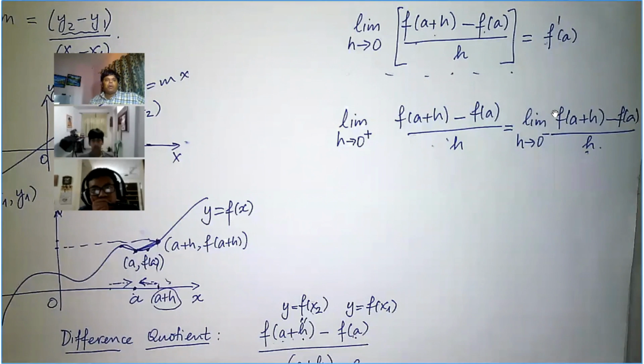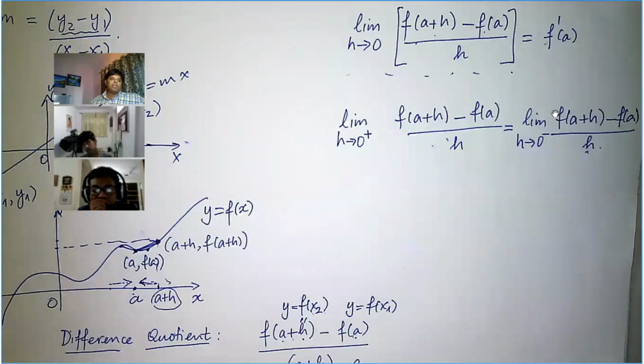So for continuity, you don't have the difference quotient in place. Limit as x goes to a plus of f of x should be equal to limit as x goes to a minus of f of x, and that should be equal to f of a.